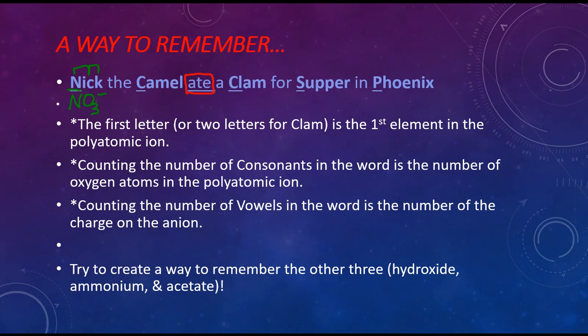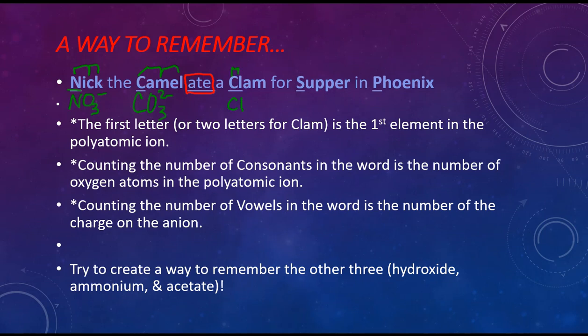Okay, so here camel, this is going to be C. How many non-vowels do I have there? 3, so that's O3. That's the number that goes on the oxygen. How many vowels? 2, so the charge is 2 minus. Clam, this is the Cl one.